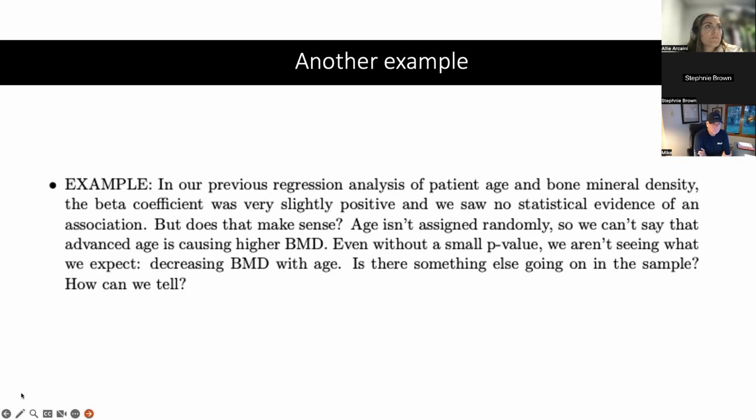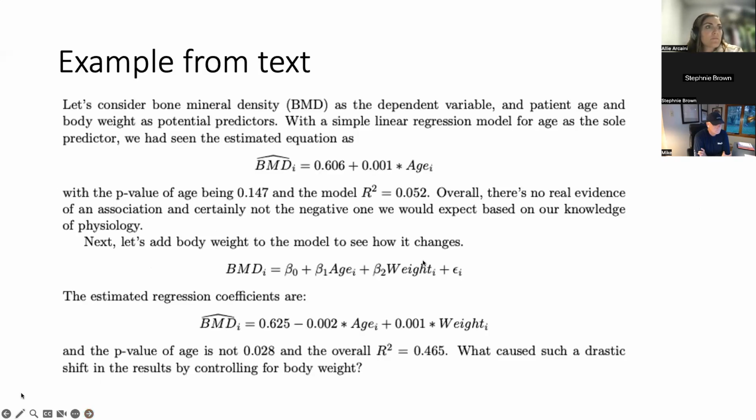So let's take a look at what happens in this case when we add to our model. Remember, this was the model from week 6 with a slight positive effect of age, although not a great model, but still sort of odd. We might think that there's something else going on.